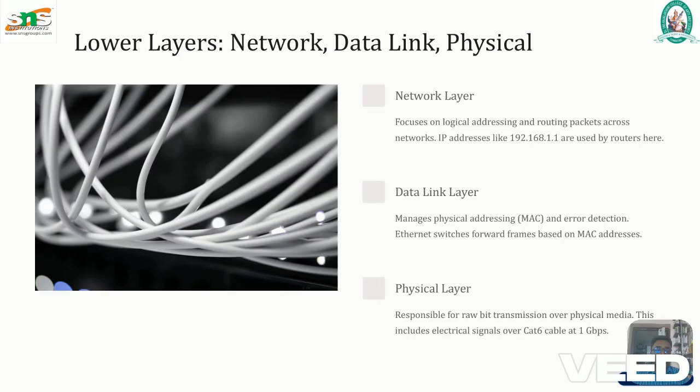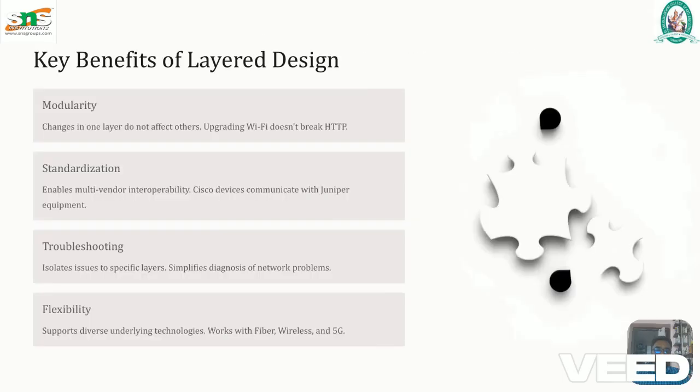The physical layer is responsible for the raw bit transmissions over physical media. So this includes electrical signals, and we'll be using different cables. Nowadays, we are using fiber optics to transfer maximum data.